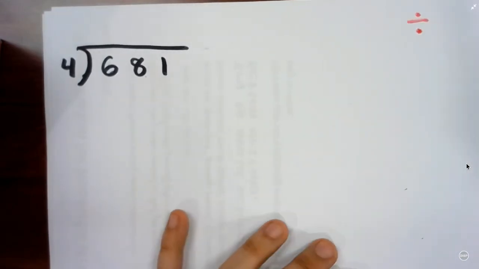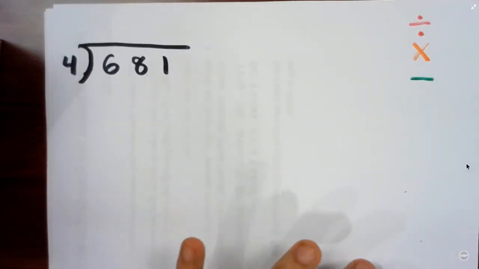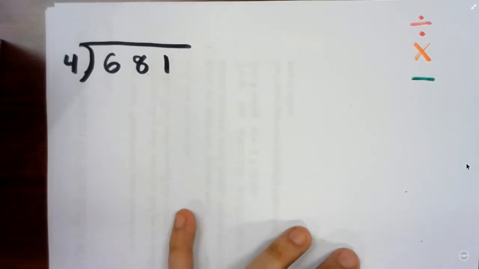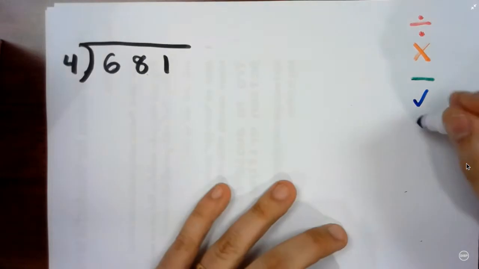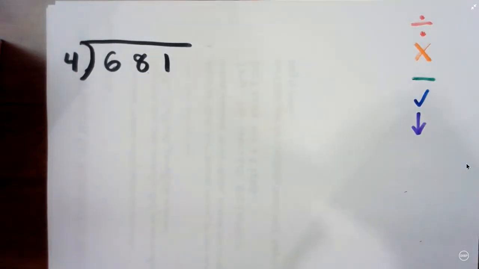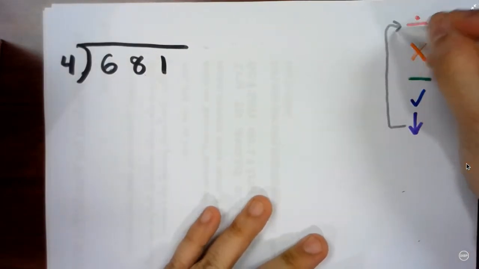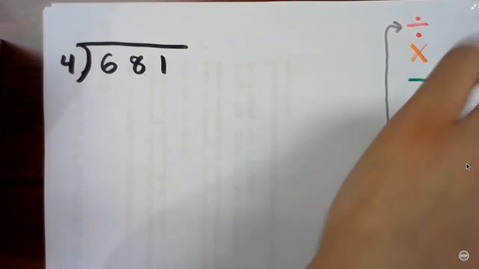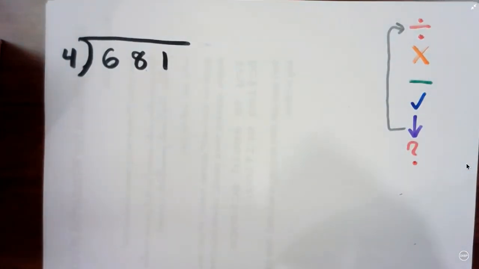Divide, multiply, subtract, check, bring down. These steps repeat. And then lastly, I need to ask myself if my answer is reasonable at the end.